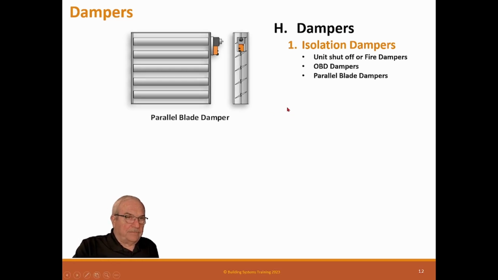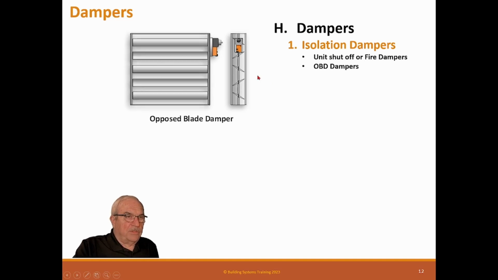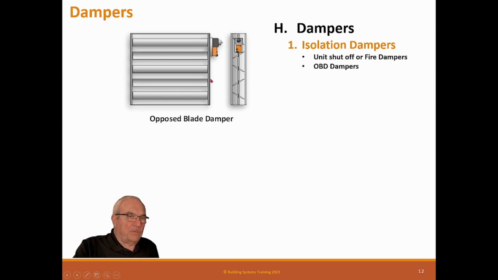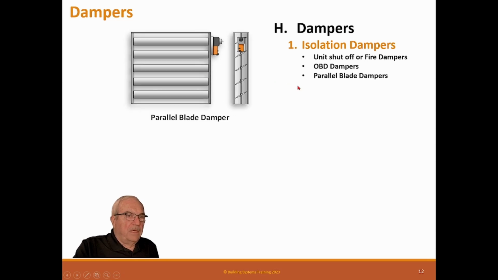Just can't be. We have parallel blade, which basically, so this one here, you notice that the blades are opposite each other, and this area gets smaller and smaller until it closes. This one here is parallel, so they just all close together. The difference between the two is an opposed blade creates a jet of air, and a parallel blade creates an air pattern direction.